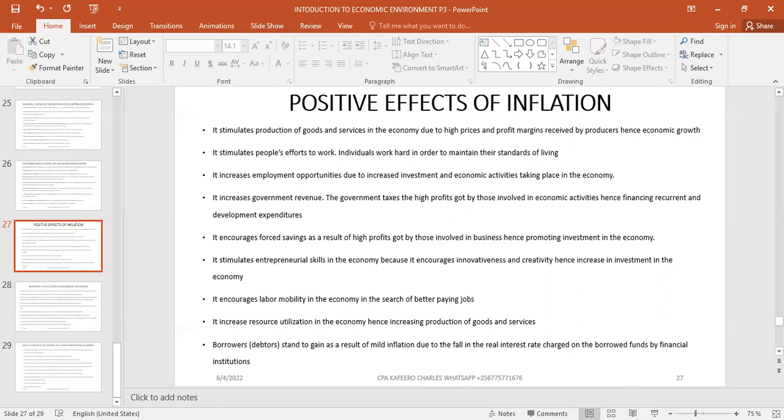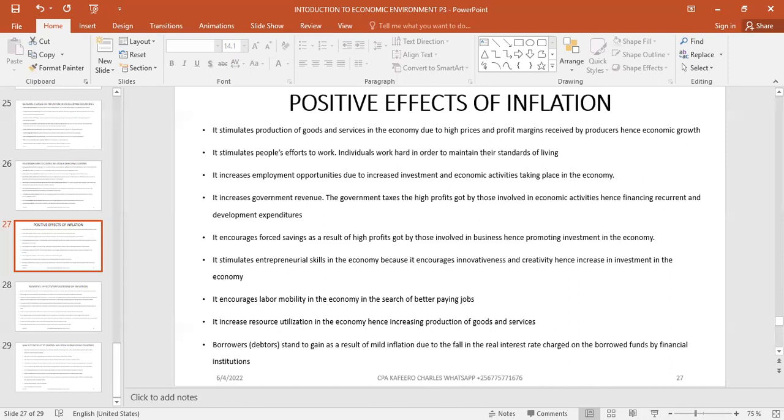So there is also labor mobility. This labor mobility comes in as a result of even those people who are in the villages, they will be coming in towns to look for those companies which can pay them highly. Because when the prices are increasing, we expect that people will be looking for a better standard of living.